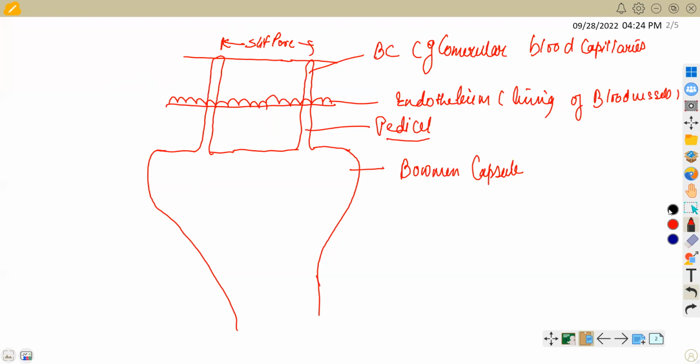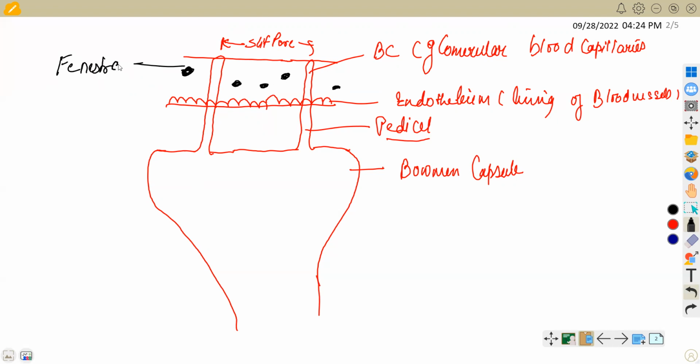One more thing we need to acknowledge here: there is a fenestra. Several pores you can find here, and this one is the fenestra. It is found in the glomerular blood capillaries.